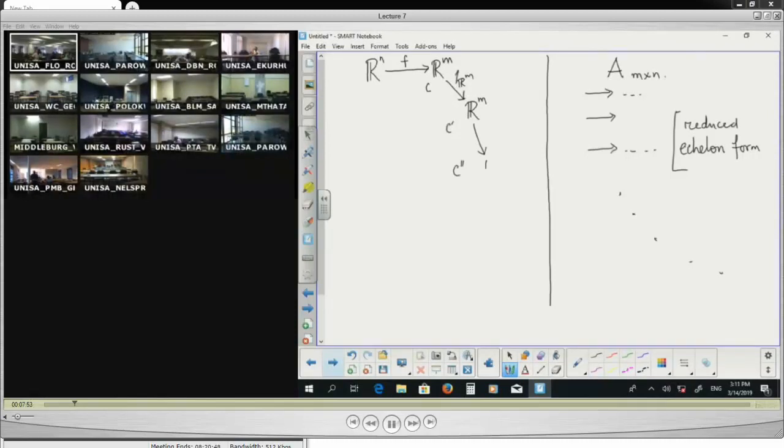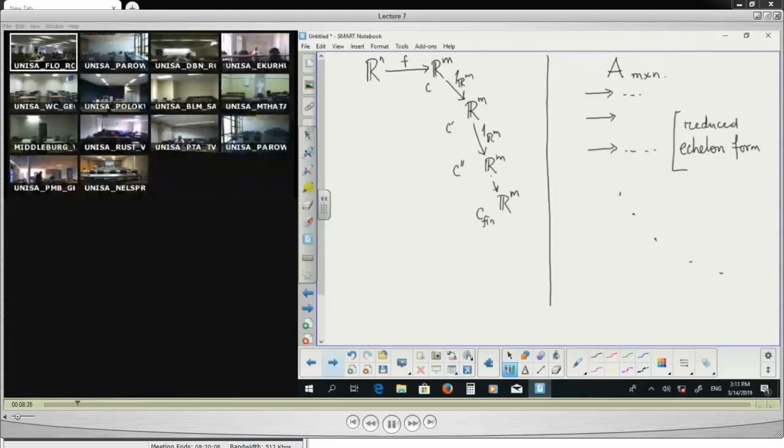Each one of these transformations induces a transformation on Rn, that means via change of basis. And finally it comes to a stage where the basis is, say, C final.